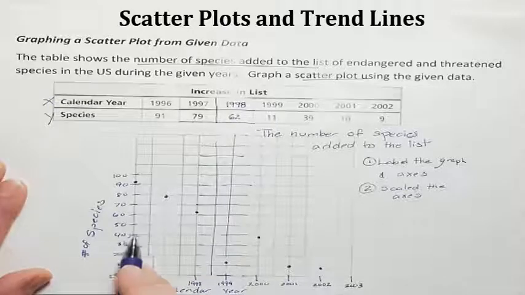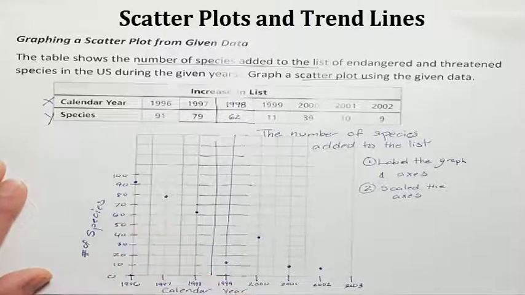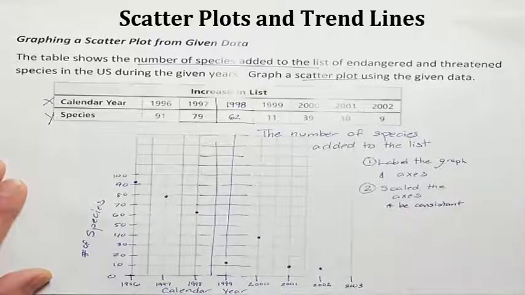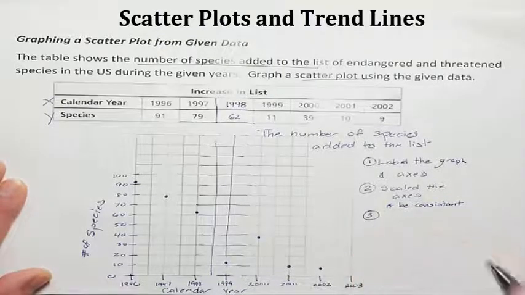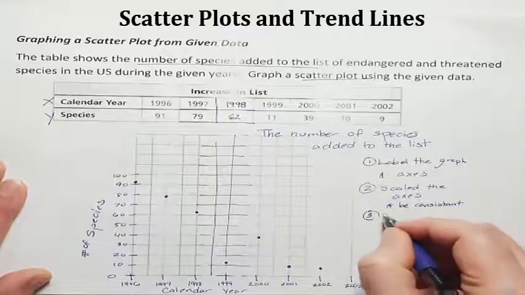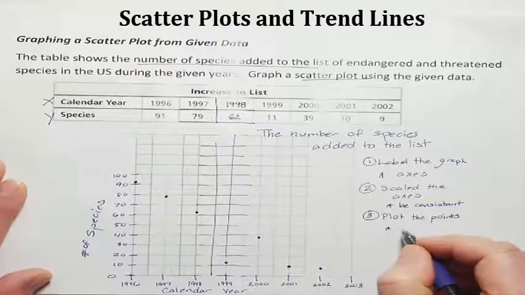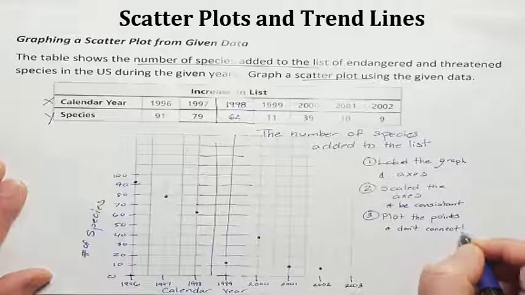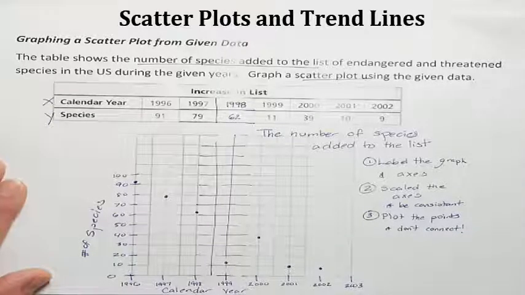On my y, I was consistently always counting by 10. You need to be consistent with your scales. Always count by the same number. Don't jump around. Next thing we did, we plotted our points. Then you do not connect because it's a scatter plot. Scatter plots are not meant to be connected.